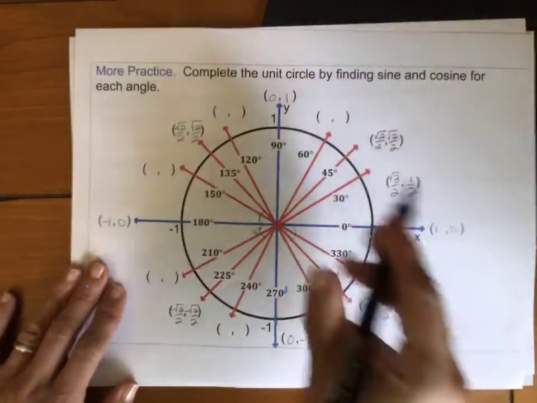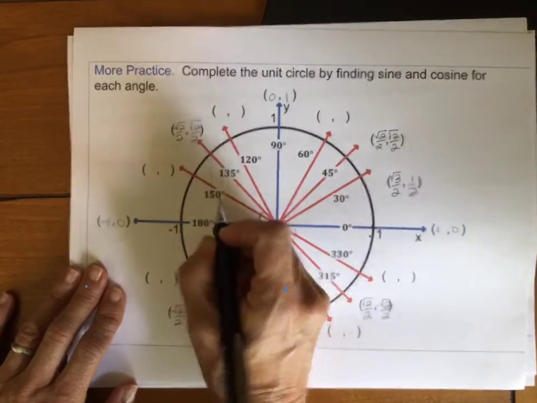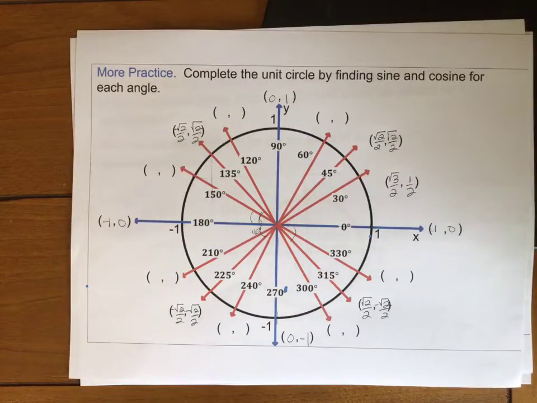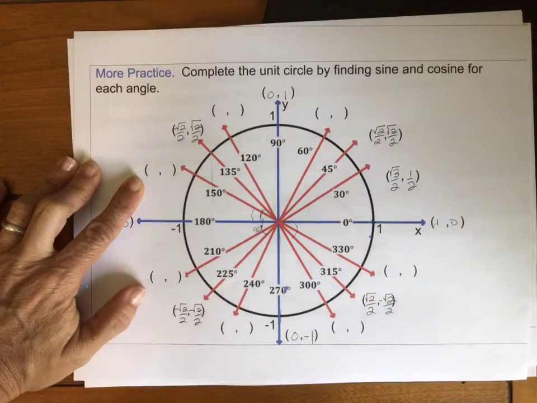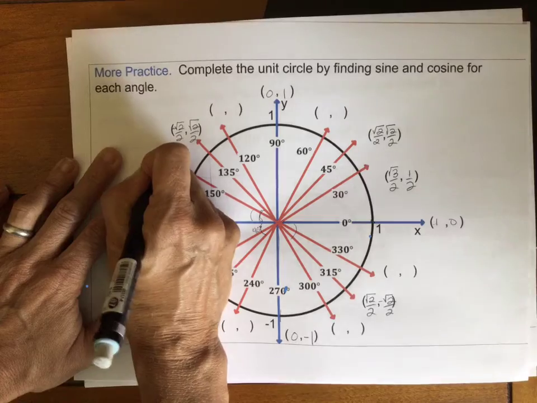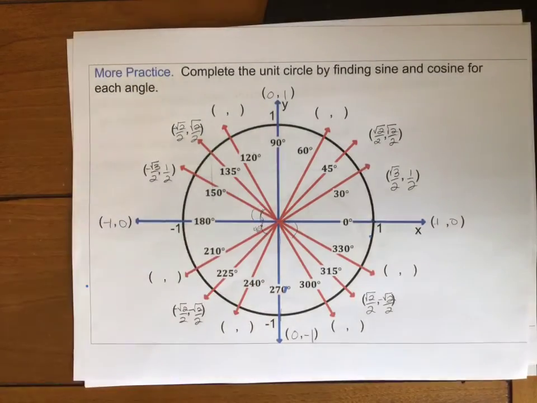Now if I go parallel over to the other side, here at 150, this small angle here, that makes a 30-degree triangle. So the values are going to be the same, just the signs change. So in quadrant 2, x is negative. So negative root 3 over 2, but y is positive, so positive 1/2.